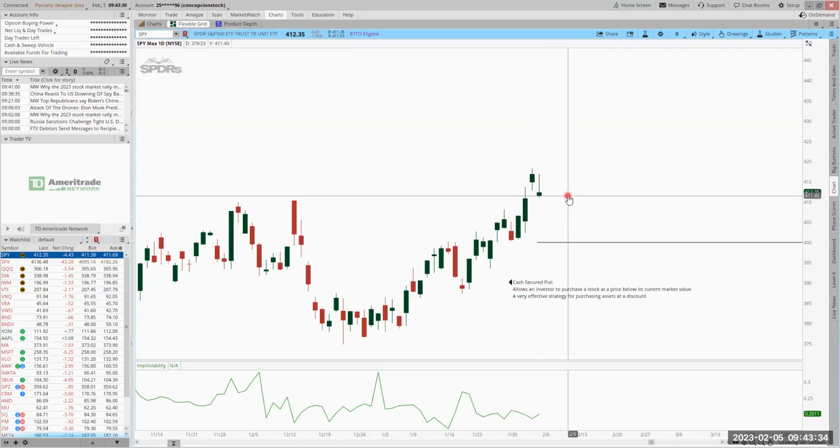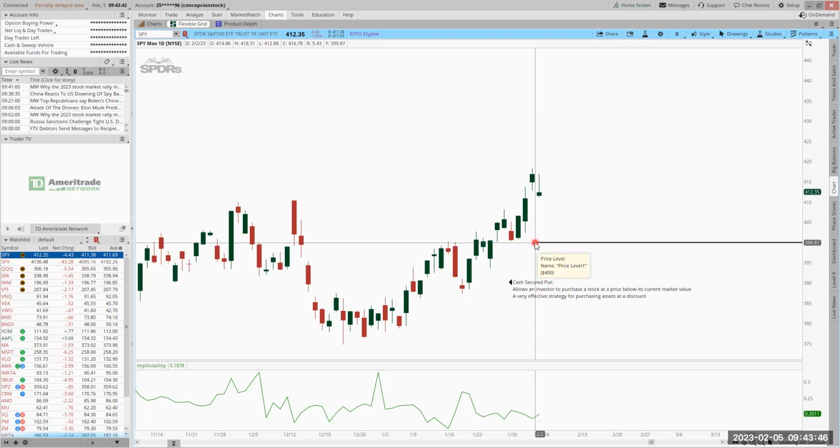immediately. However, if price is at $400 or below on the day my contract expires, I will be obligated to purchase the S&P 500 at $400 and I will be paid $186 immediately.